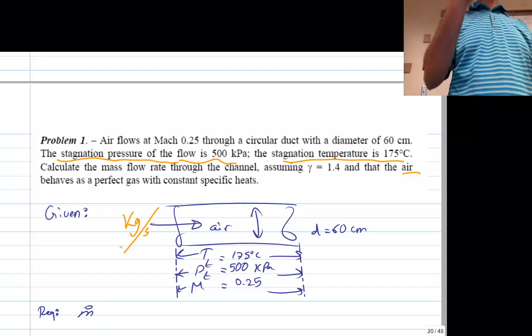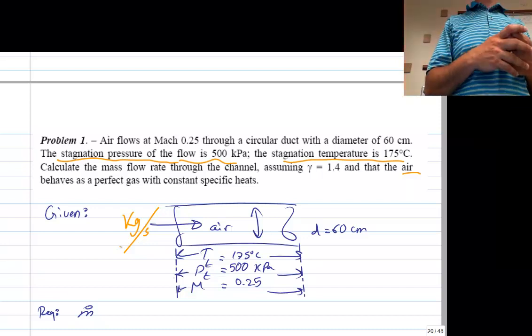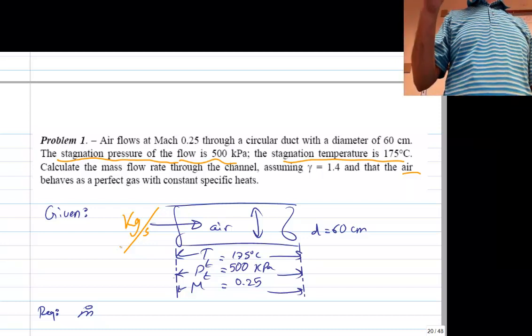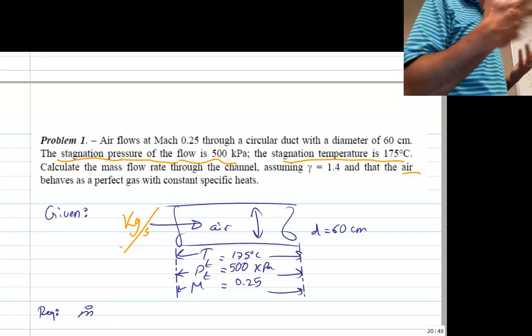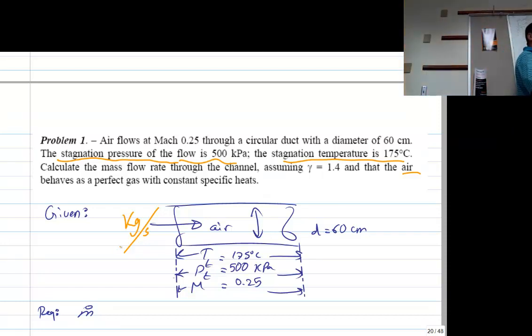So let's assume it's incompressible, that the density does not change. But as you push the Mach number beyond that point, the pressure and temperature change so much that the density is not 1.2 anymore. So knowing P naught and T naught, you can get T and P, right?